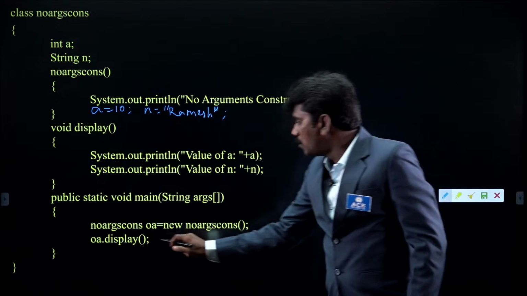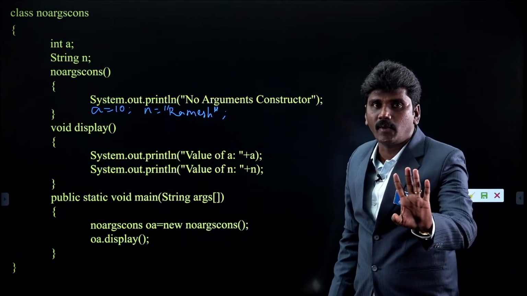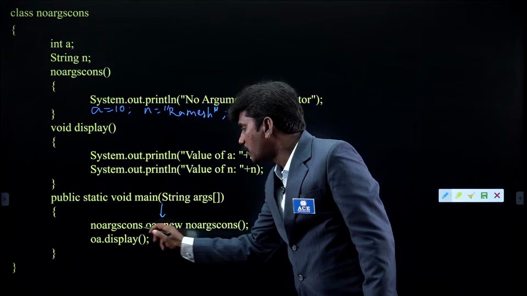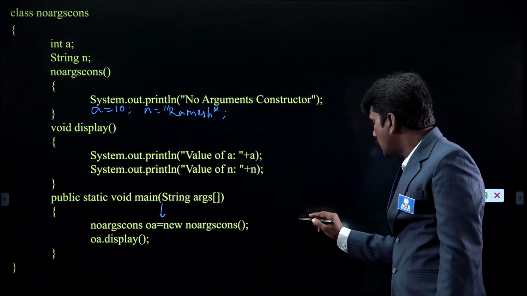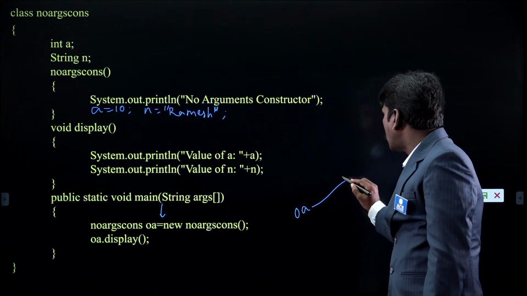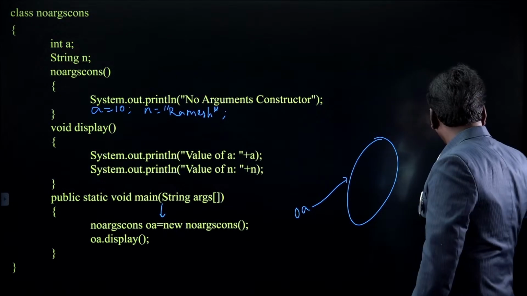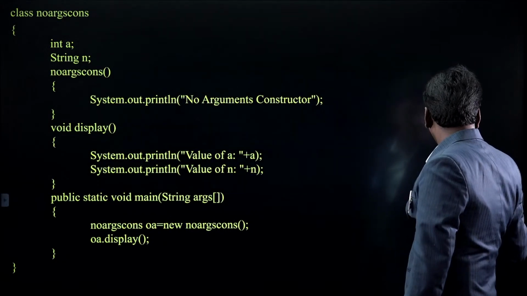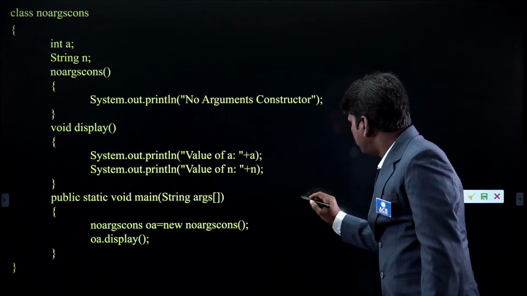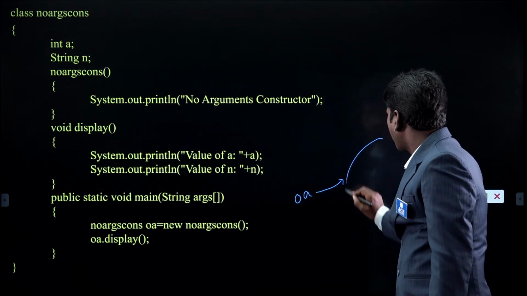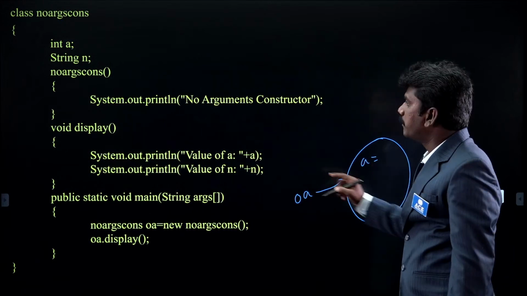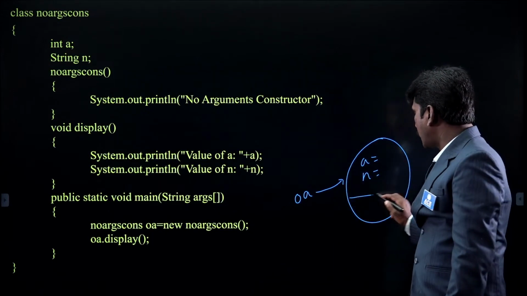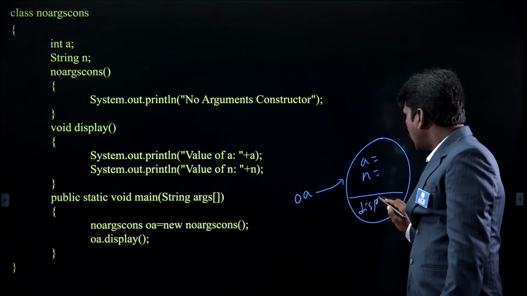Case 2: NoArgsCons. The execution of a Java program always starts from the main method, which is very clear. So execution starts from here. NoArgsCons OA is equal to new NoArgsCons, meaning OA is the reference variable to the object. The object has instance variables A and N, and one method, the display method.